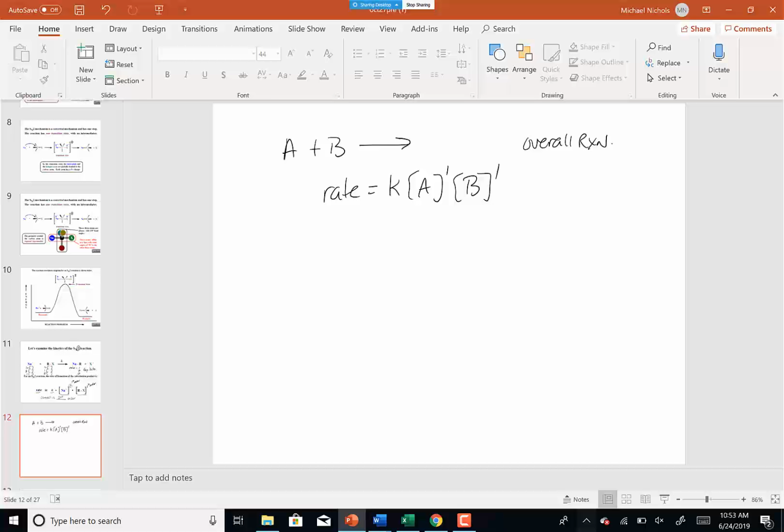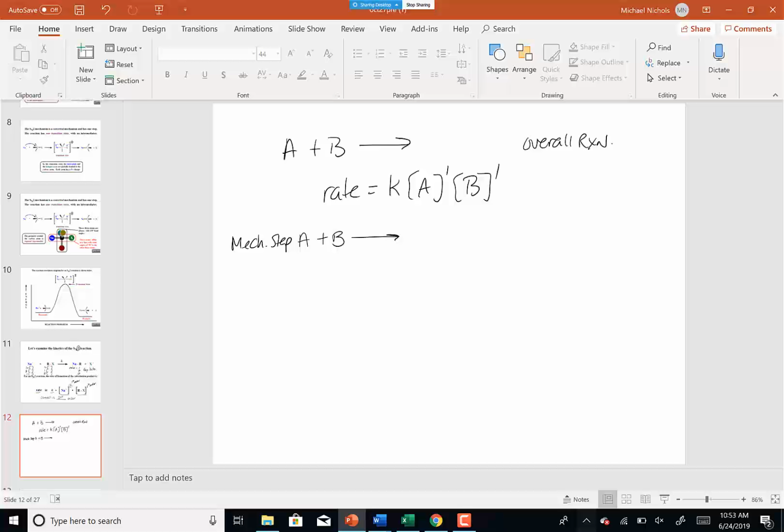So if this was a one-step mechanism, A reacts with B, so this is what we call a mechanistic step. If A reacts with B to make whatever it is, then we can actually write the rate equation of each of the mechanistic steps.